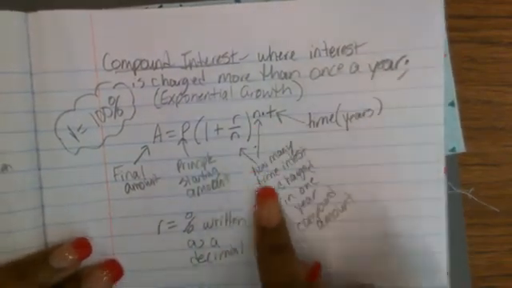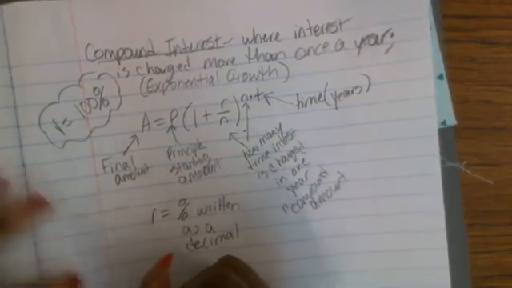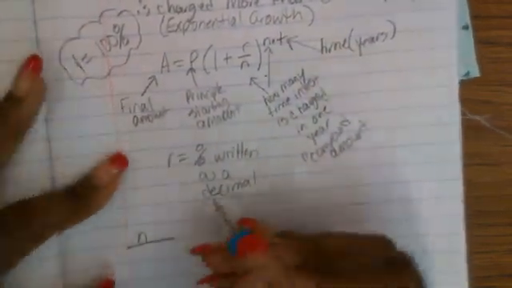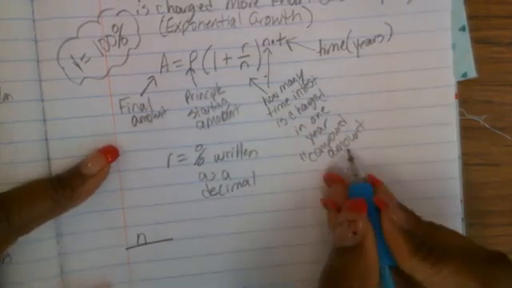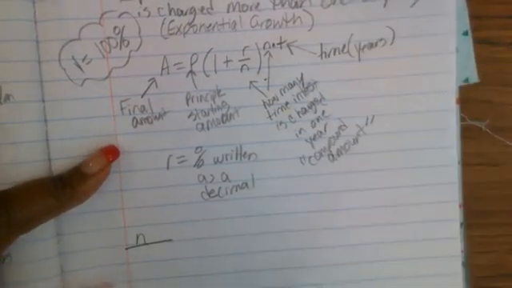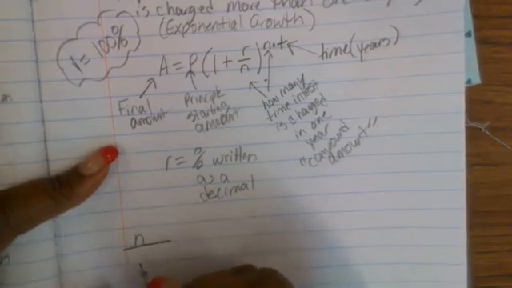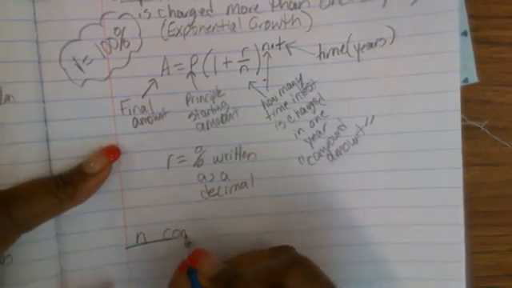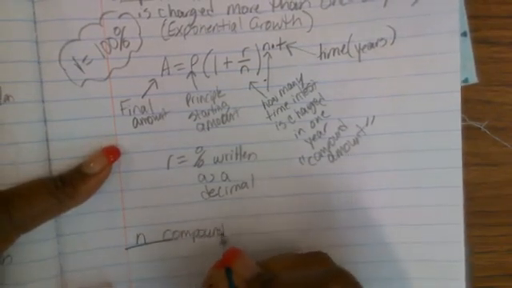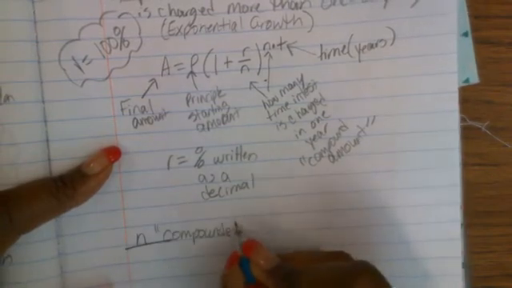So now how do you figure out what N is? N is your compounded amount.